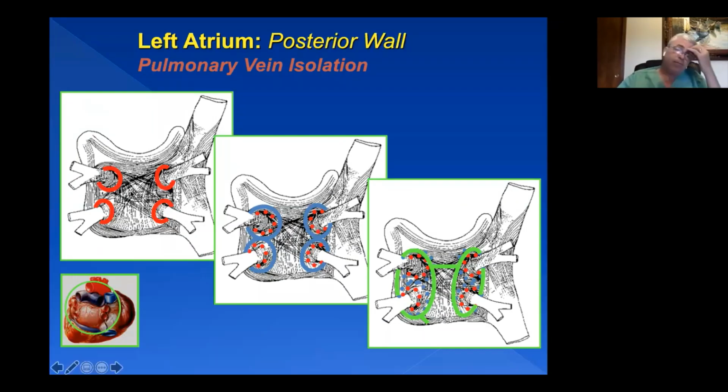So at the beginning, remember that concept came about in 1998, 99. So we thought, okay, let's go after those PACs and ablate them so we don't have atrial fibrillation anymore. So we would go inside the left atrium, wait for those PACs, and perform different maneuvers, giving the patients isoproterenol, pacing very fast, trying to trigger those PACs so we find where it's coming from.